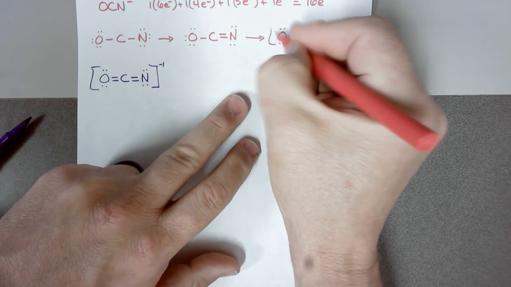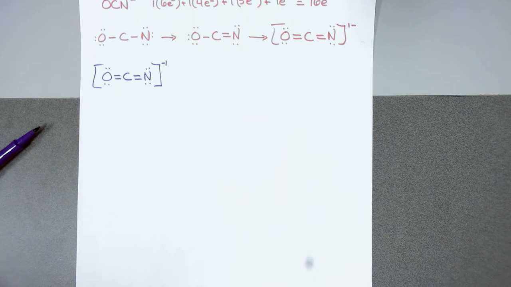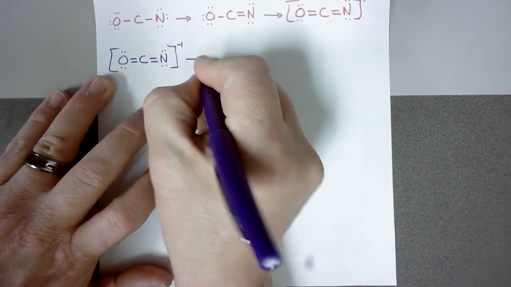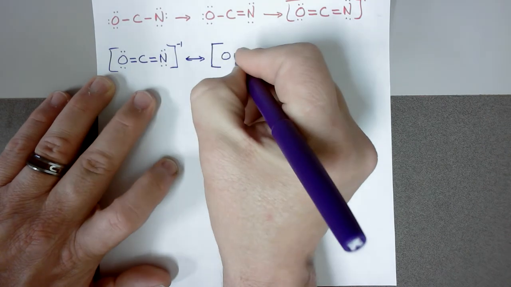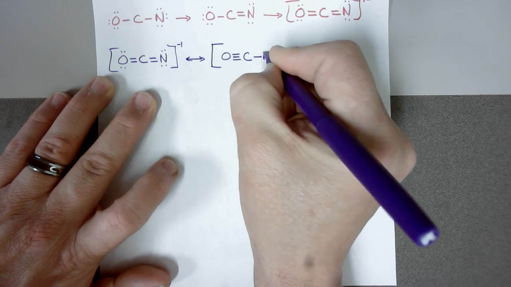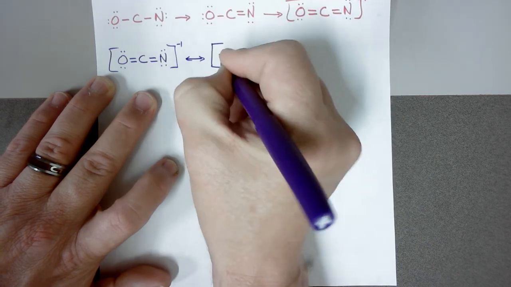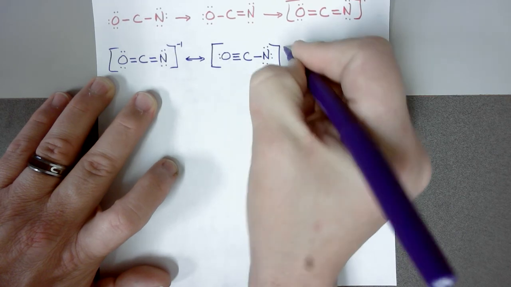Remember, anytime there's a charge, we need to put the bracket and the charge. Okay, so now another possible structure for this would be oxygen, triple bond carbon, single bond nitrogen, with a lone pair there and then lone pairs there.